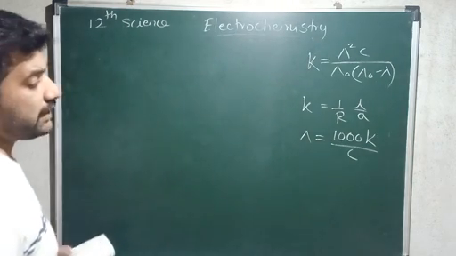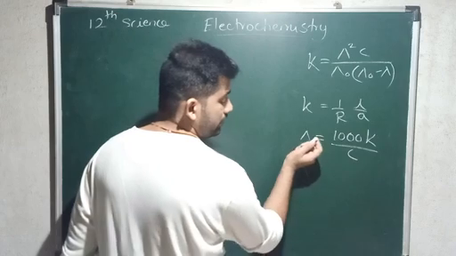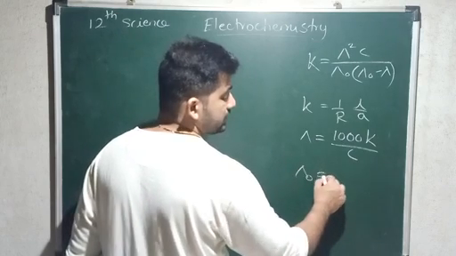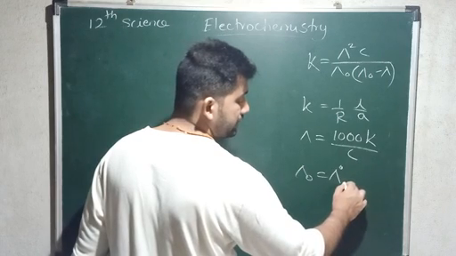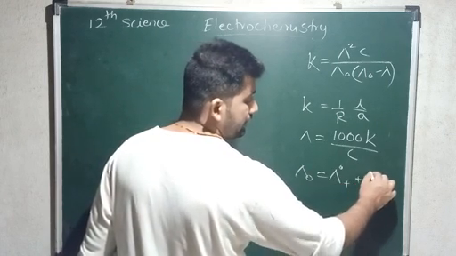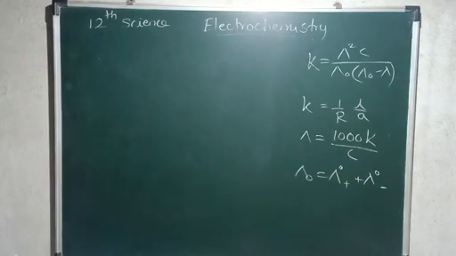Now we also have one more formula of Kohlrausch's law: lambda 0 is equal to lambda 0 plus ion and lambda 0 minus ion. So these are the formulas which we are going to use to solve the examples.